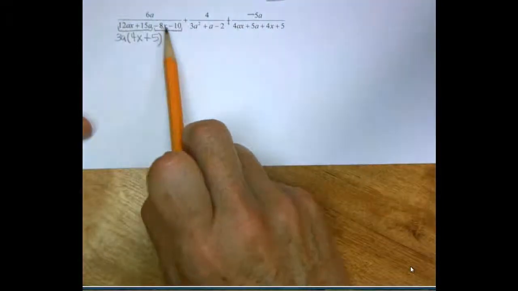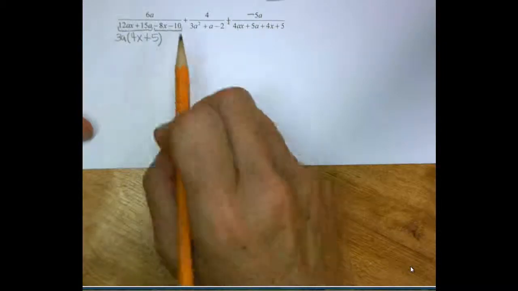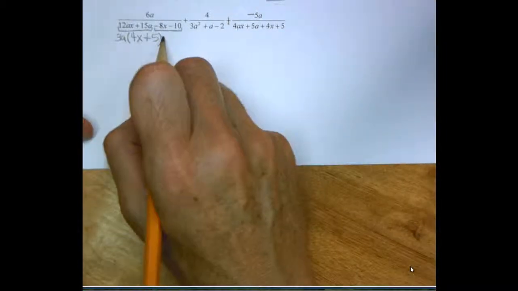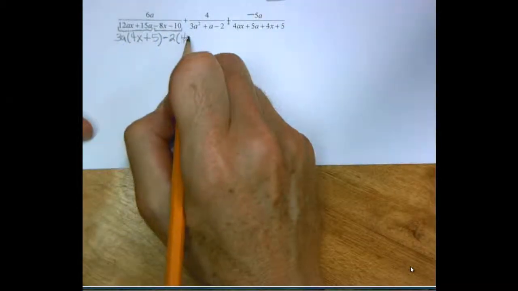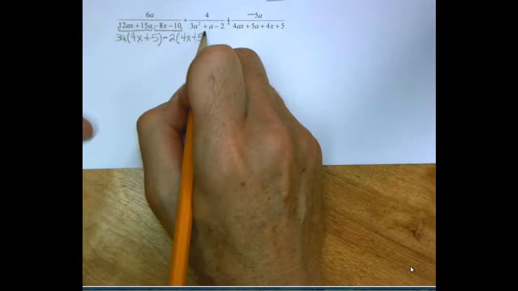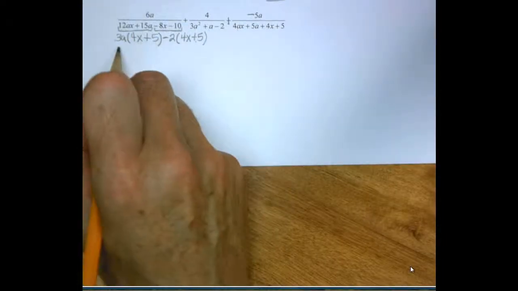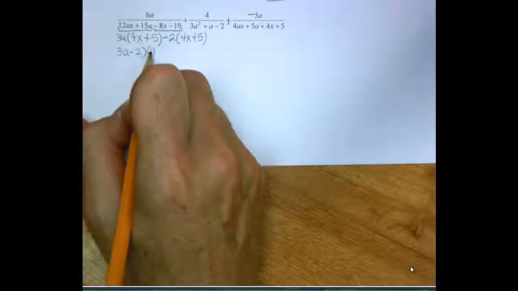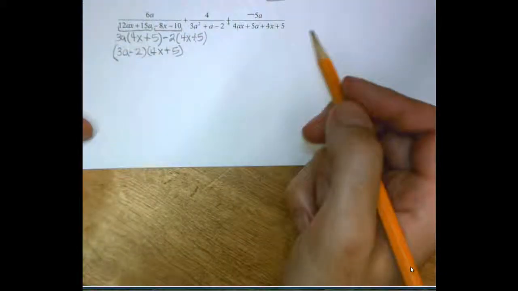And for the second pair, I'm wondering if I can pull out a 2 and maybe make it a negative 2 so that both of my terms will be positive. So negative 2 and left in the parentheses 4x plus 5. Then I have the 4x plus 5 in common, so (3a minus 2) times that common (4x plus 5). So that denominator is factored.